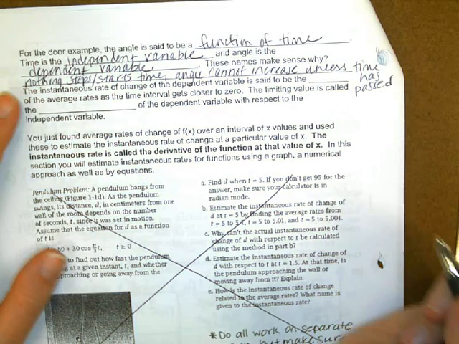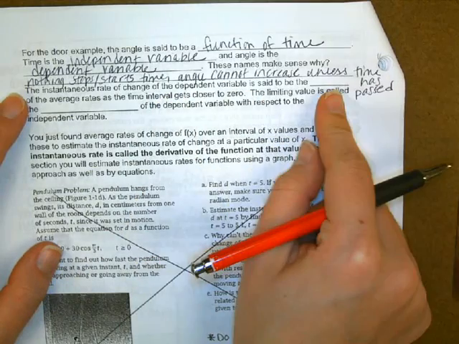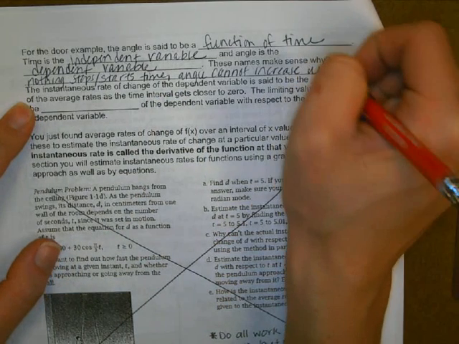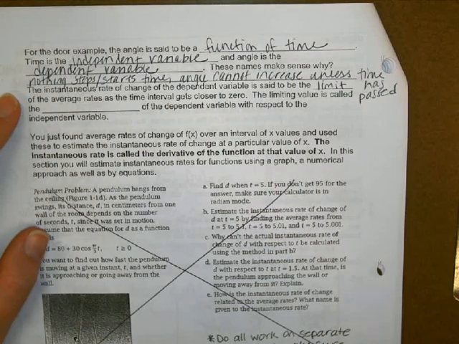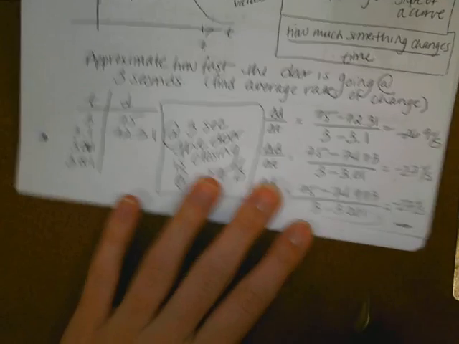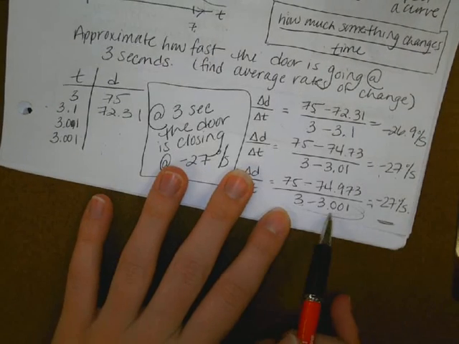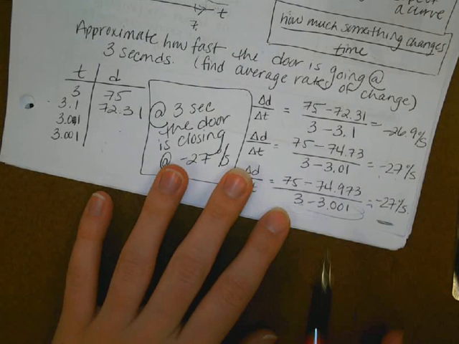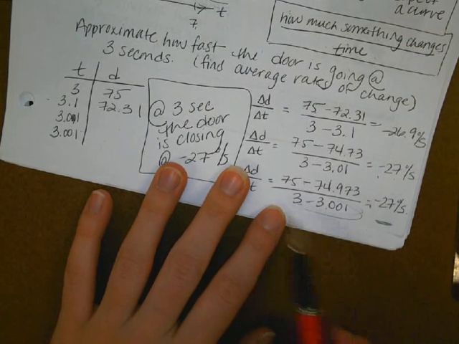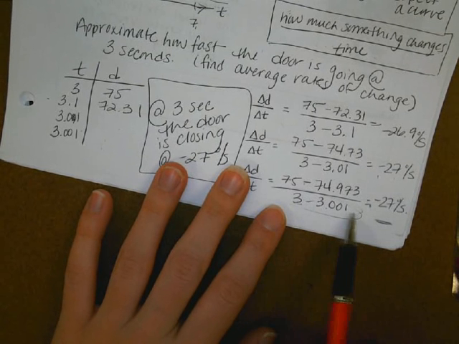The instantaneous rate of change of the dependent variable is said to be the limit of the average rates as the time interval gets closer to 0. So, going back to this, as this time span gets less and less and less, so we could keep going, 3.0001, 3.000001, and we could keep going forever and ever and have tons of decimals.